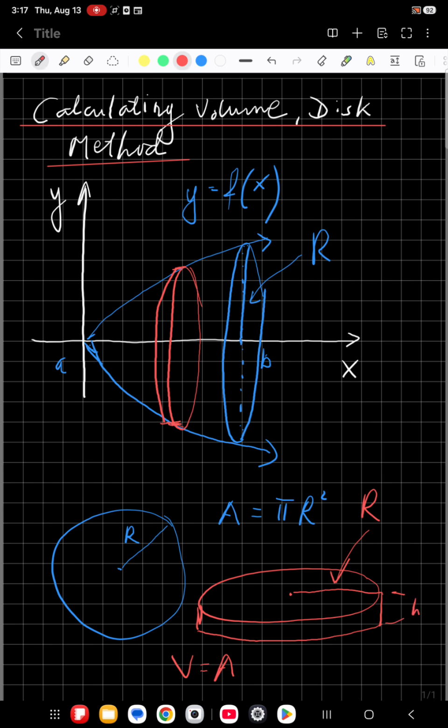So this is going to be h. So A times h, or we could use the formula for area, pi r squared times h.